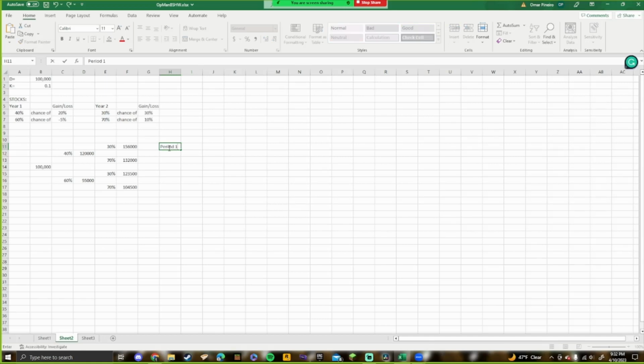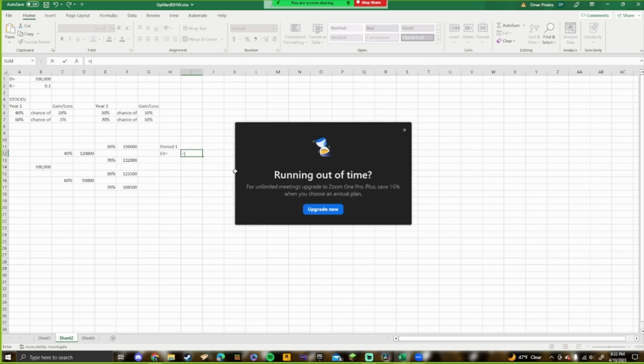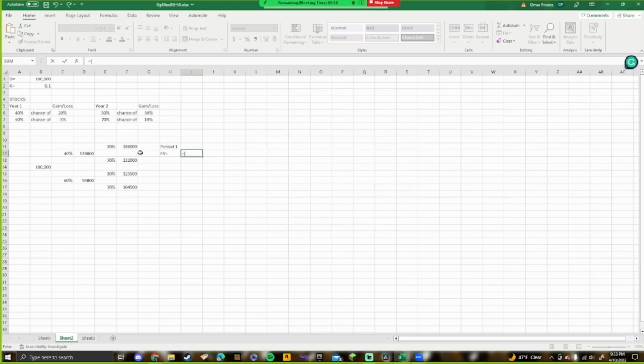the EV for period 1. So first, you have your EV, and this is your EV equation. What you're going to do is you're just looking here, right? So, you're going to first hit the equal sign, open your parentheses up, and you are multiplying the percentage chance of this happening.